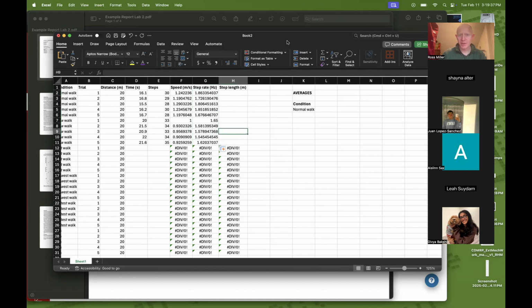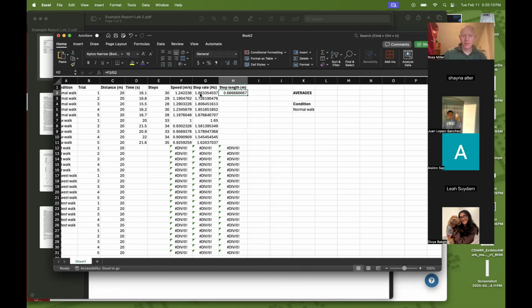And then step length, there's two ways you can do that, but regardless of how you do it, you'll arrive at the exact same numerical value for step length for all these trials, because the step length and the step rate and the speed and all these variables are all connected to each other by physics and by the mechanics involved. So because speed equals step rate times step length, if you know speed and you know step rate, you can just do speed divided by step rate, and then your step length falls out of that.